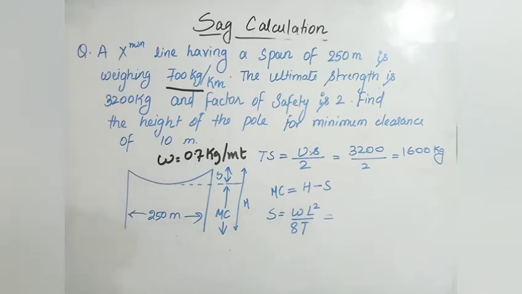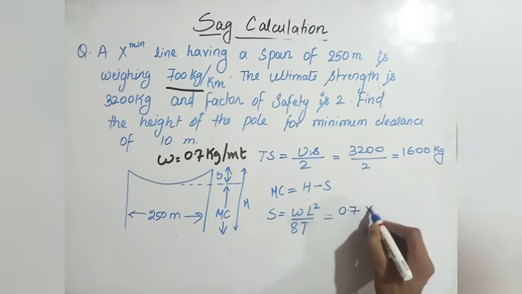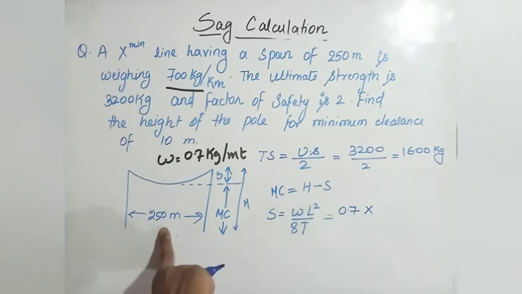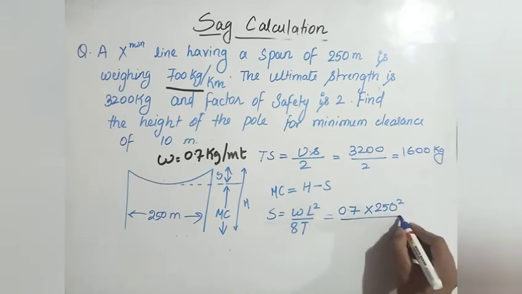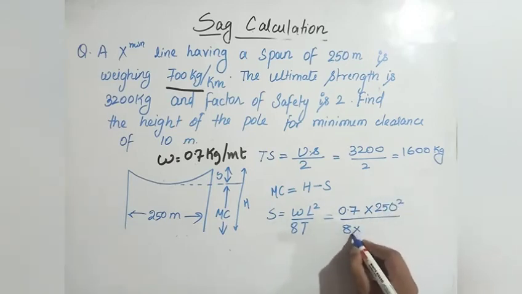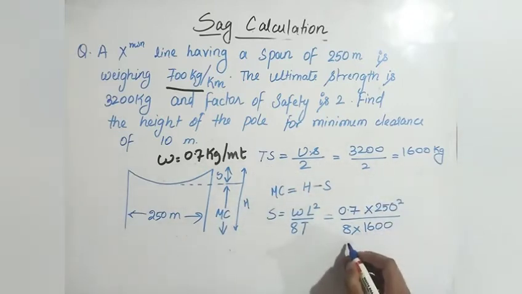So this will give you weight 0.7 into length of span 250 square divided by 8 into tensile strength, which is 1600.